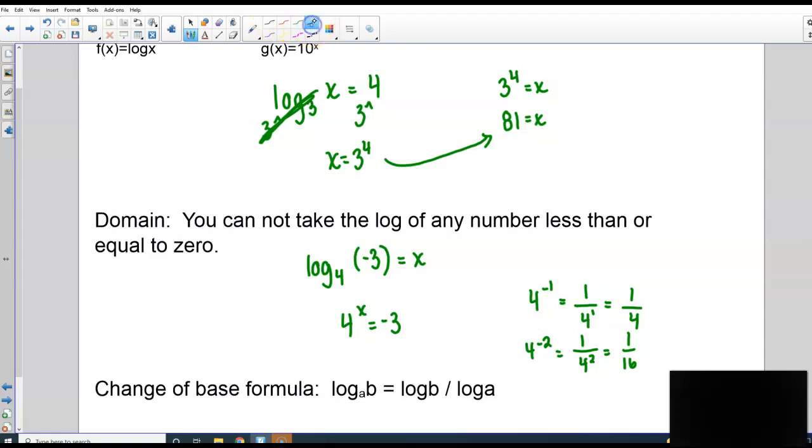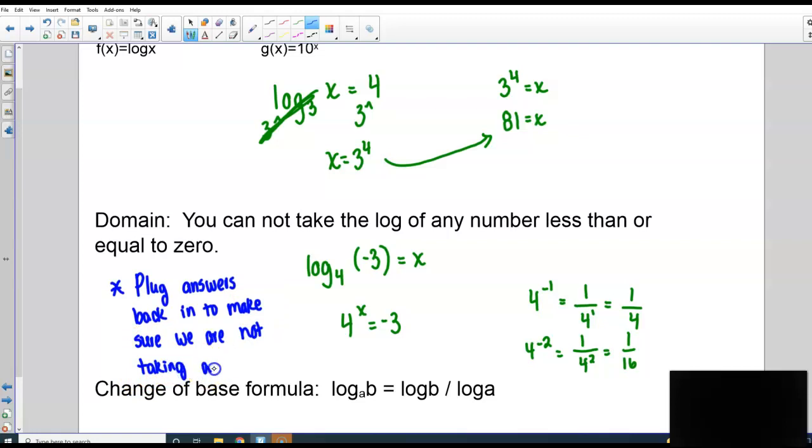What this means for us today while we're solving equations is we need to plug answers back in to make sure we are not taking a log of 0 or a negative number.